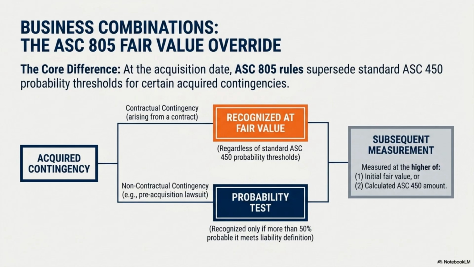After the acquisition date, both types are subsequently measured at the higher of the initial fair value recognized at acquisition, or the amount you would calculate under ASC 450 at that later date. That higher of rule prevents you from releasing contingency liabilities too quickly after a deal closes.